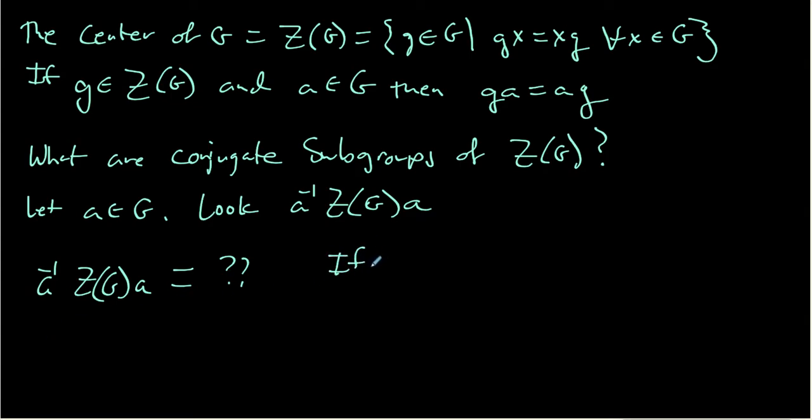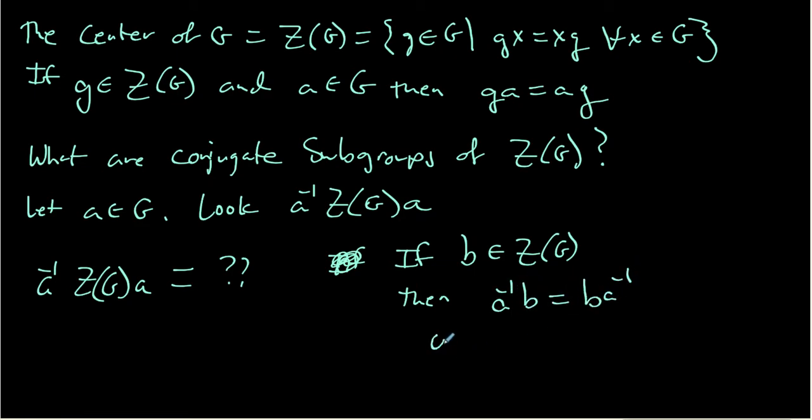I do know this, that if I take something inside the center of G, then a inverse b a is going to be a inverse, and I'm also going to have b times a will be a times b.